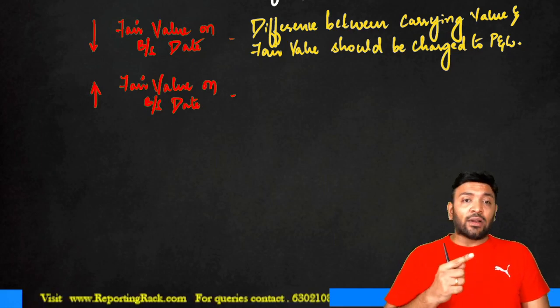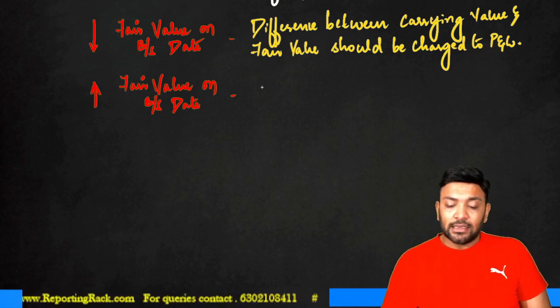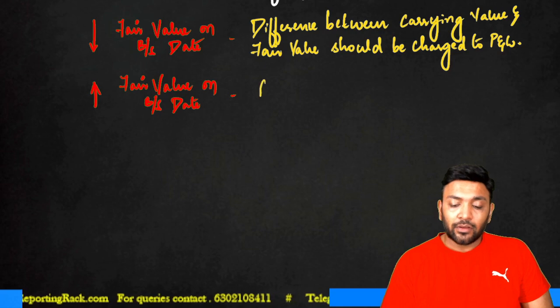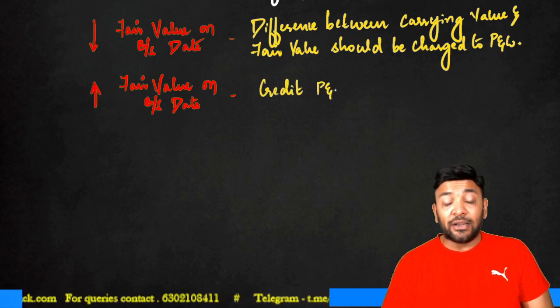But let's say subsequently, the fair value of the asset has increased on balance sheet date. In such cases, credit P&L. Earlier you debited P&L.